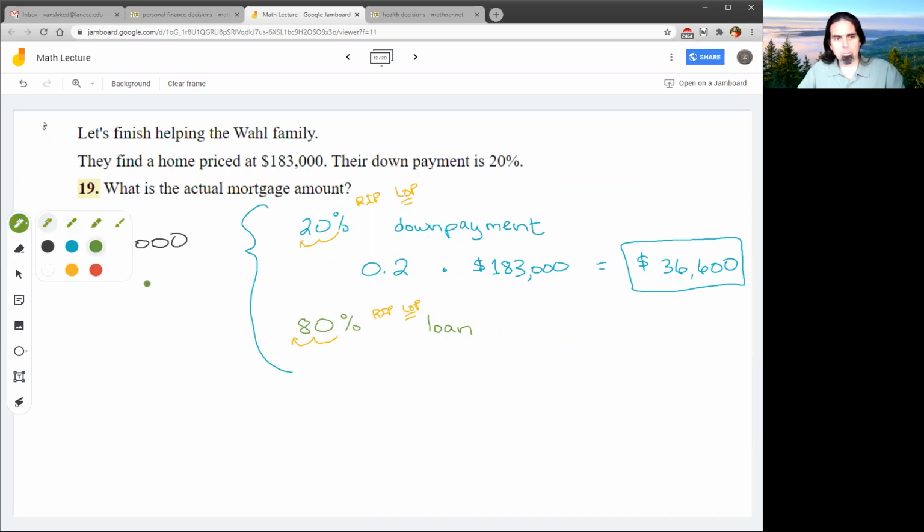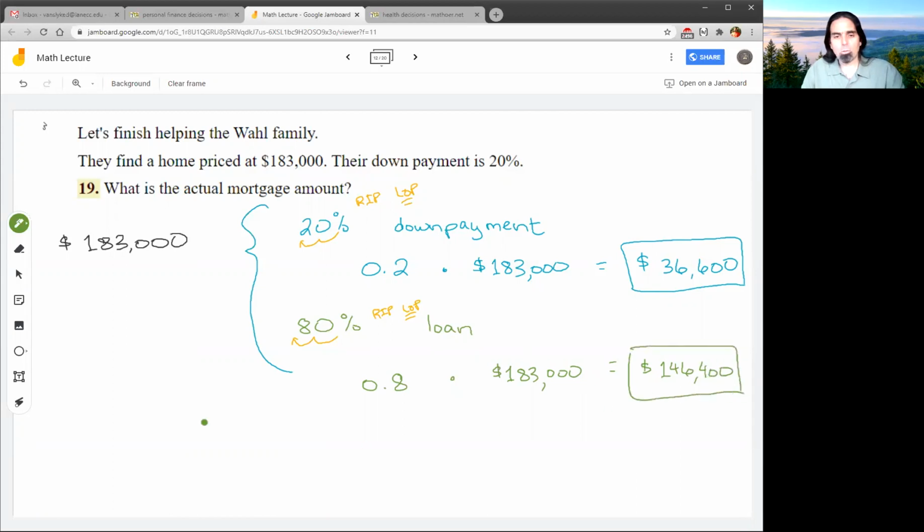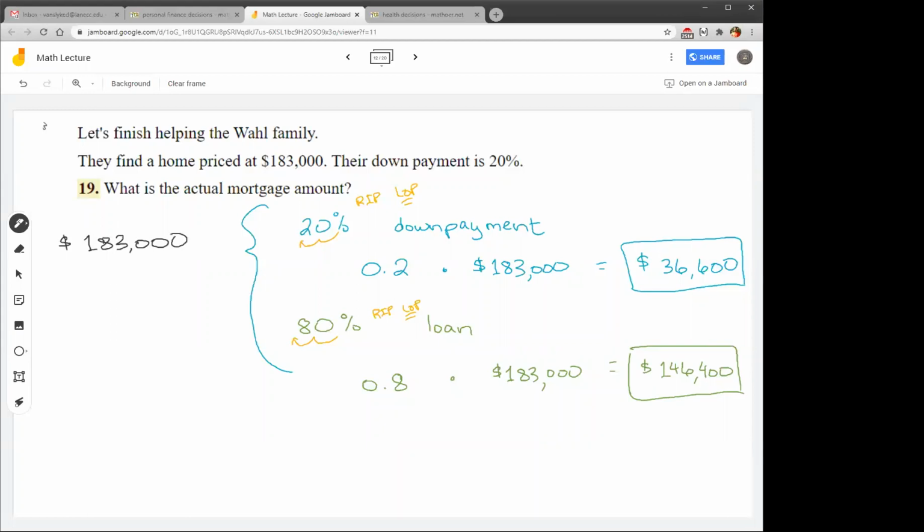And then similarly, in my other color, 80% becomes 0.8. Okay, everyone okay with breaking things up this way? I see a yes in the chat.